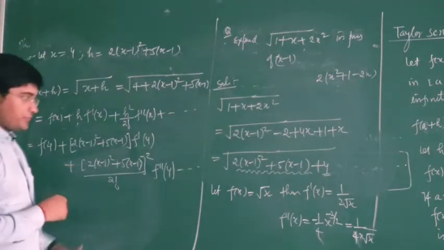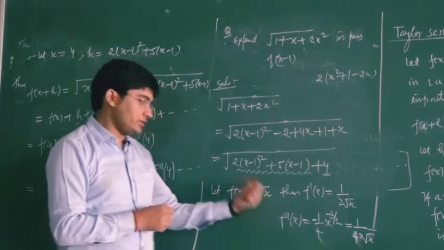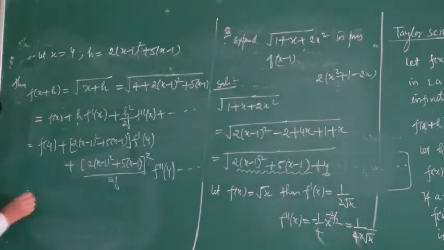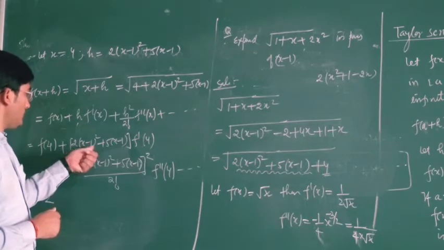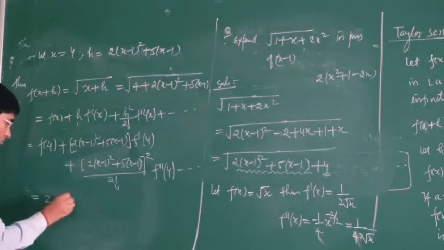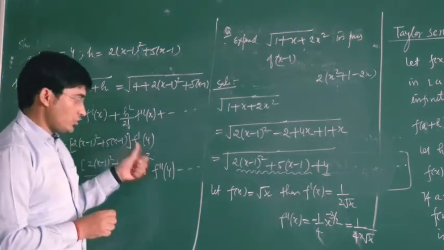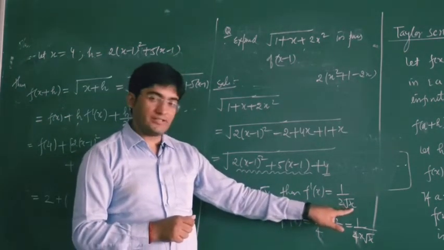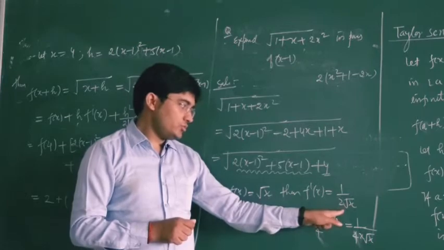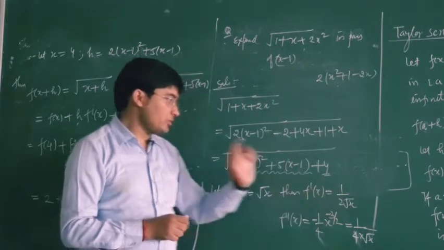Now your f(4), if we put x equal to 4 here, then this will be your 2. So the first term is 2. Then 2(x minus 1) whole square plus 5(x minus 1) into f dash 4. Now this f dash 4 will be, let us put x equal to 4. So this will be your 2 and we have 2 already. So this will be 1 by 4.